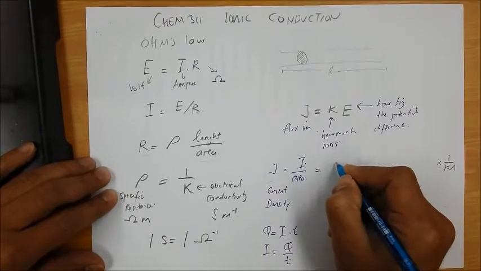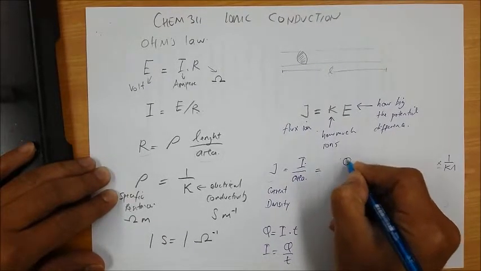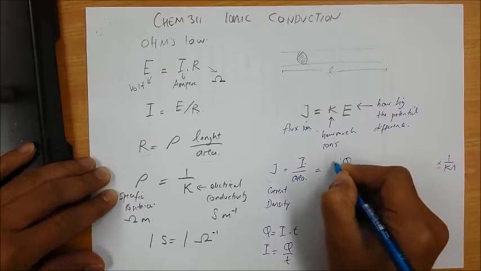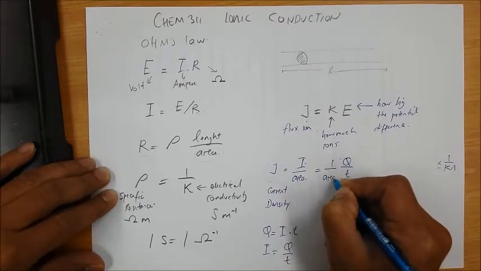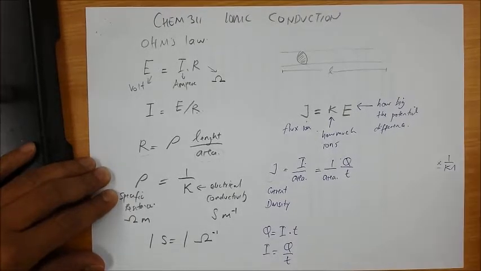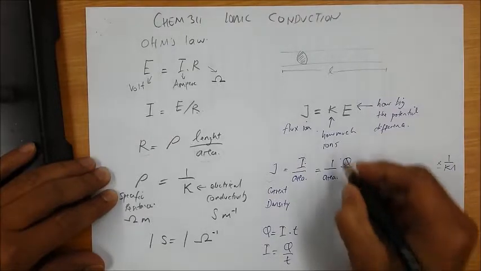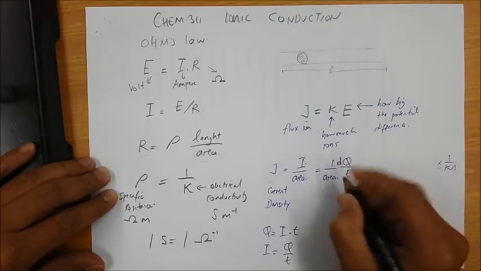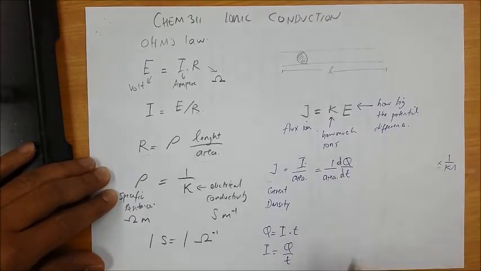So this is charge over time times 1 per area. Now, if you're interested to know how many charges are flowing at a given time, we have to look at the derivative of that, so dq over dt.